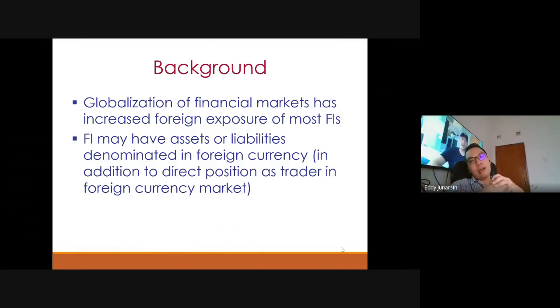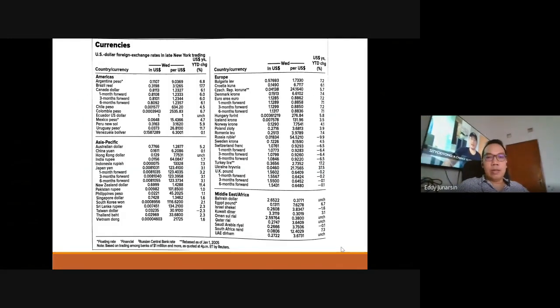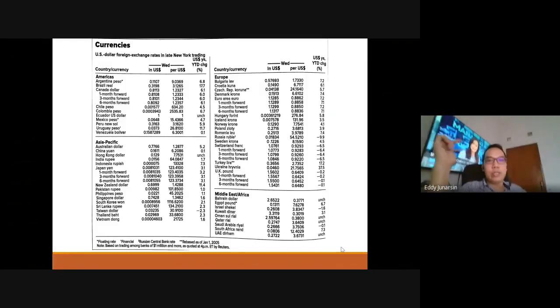So definitely we have a lot of assets and liabilities denominated in foreign currencies, right? So this has been the necessity or the required practice for the financial institutions, to measure and manage the foreign exchange or currency risk.